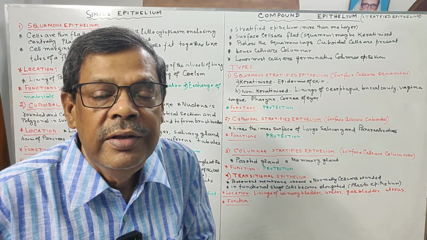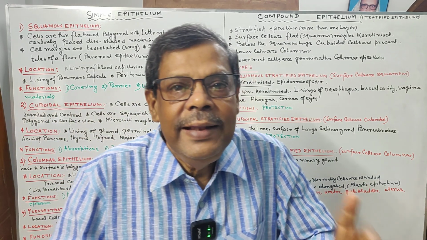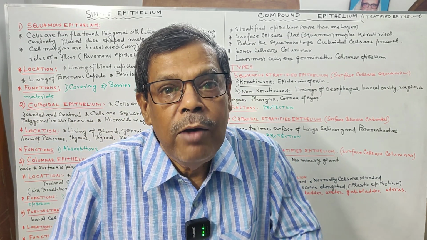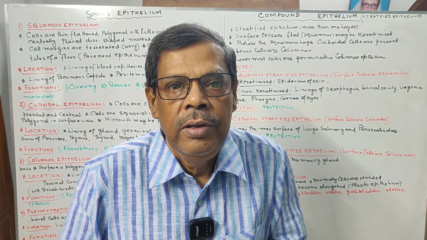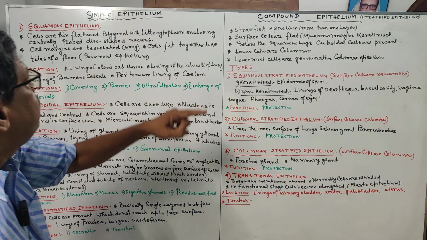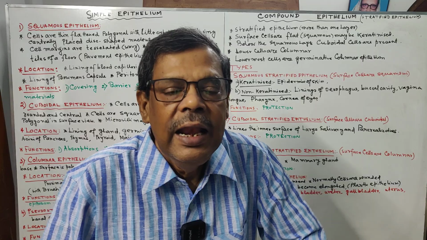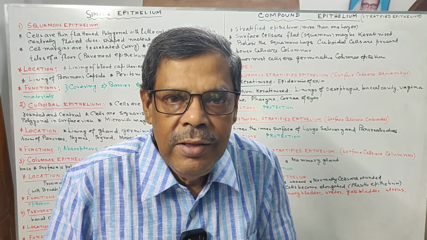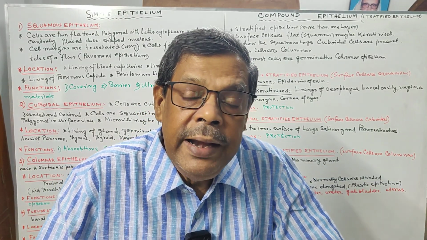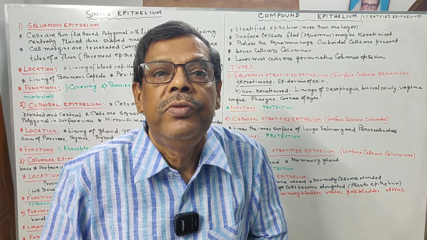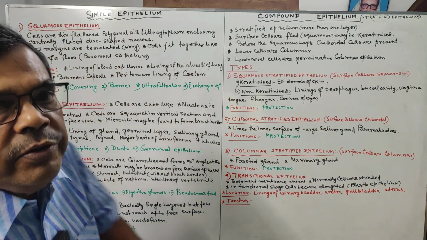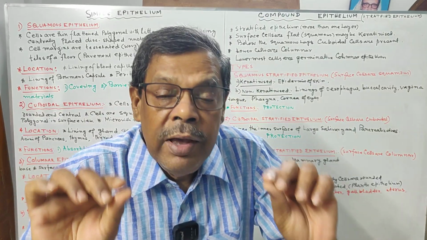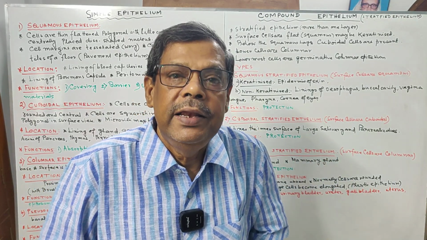Cells contain little cytoplasm around the nucleus. Cells fit together like tiles, so it is called pavement epithelium. This is the salient feature of this epithelial tissue.